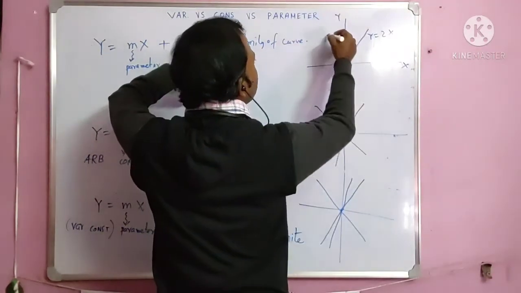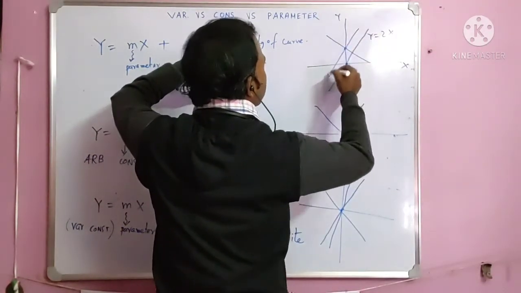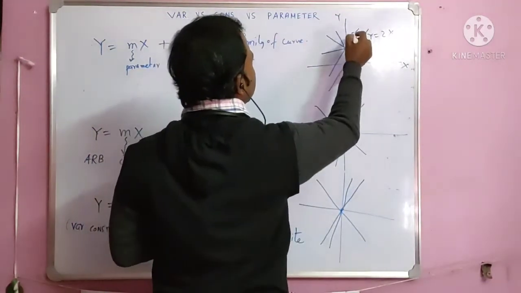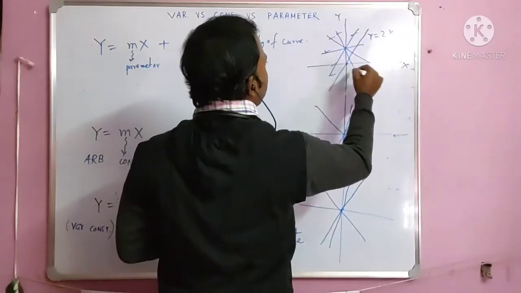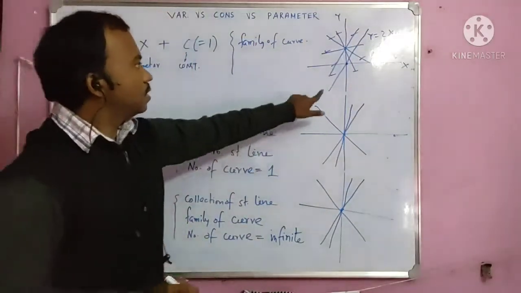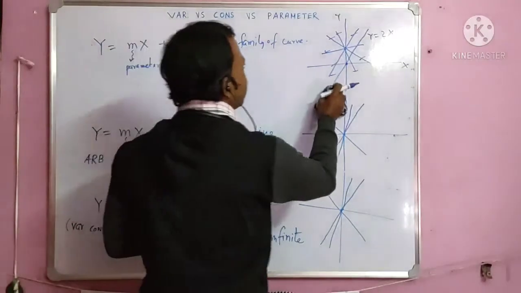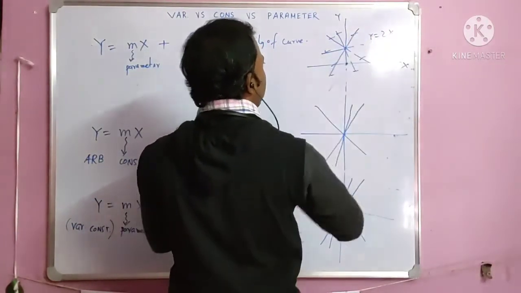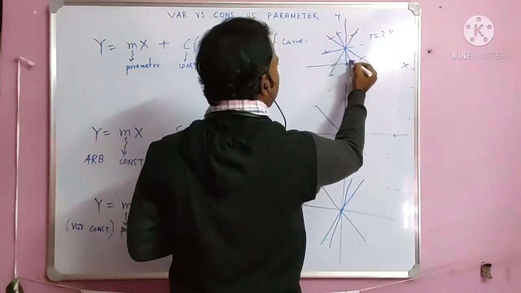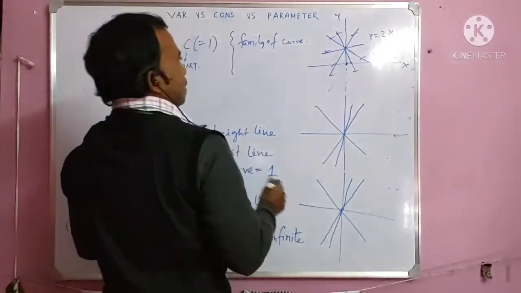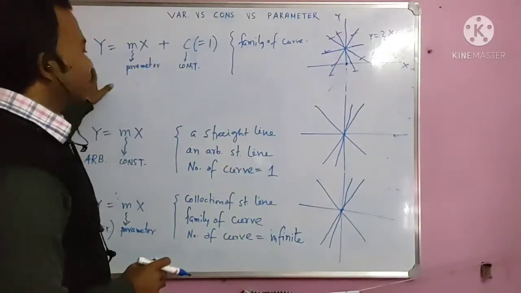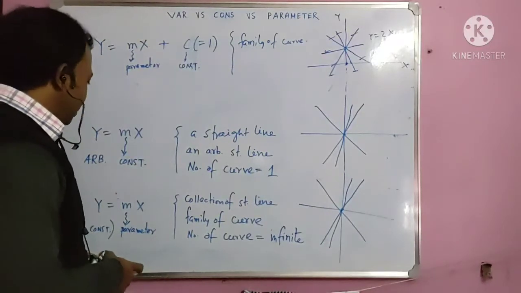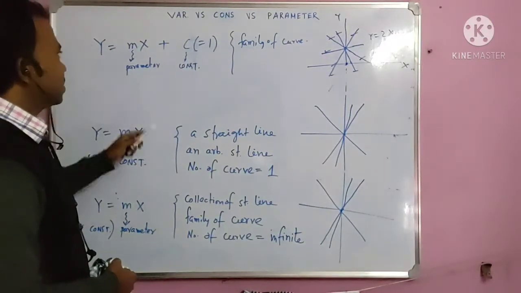So all the straight lines pass through (0, 1). These straight lines together will represent this. This was the difference between parameters, constants, and all these things.